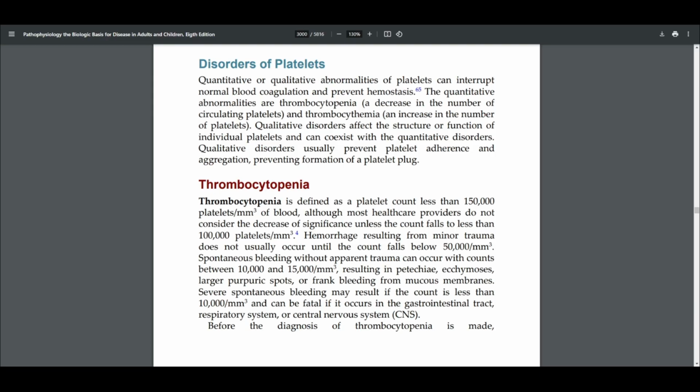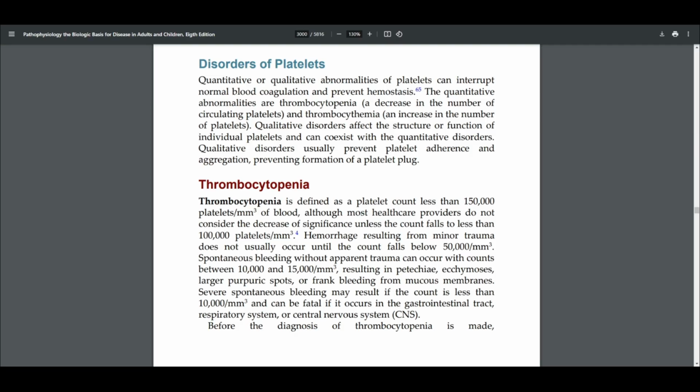Severe spontaneous bleeding may result if the count is less than 10,000 and can be fatal if it occurs in the gastrointestinal tract, respiratory tract, or central nervous system.